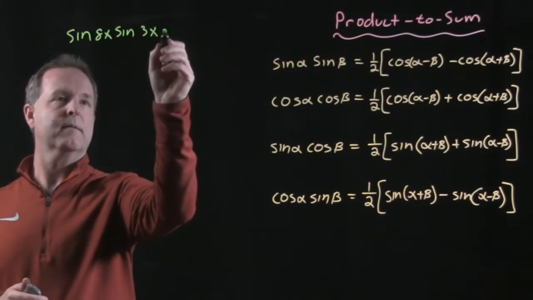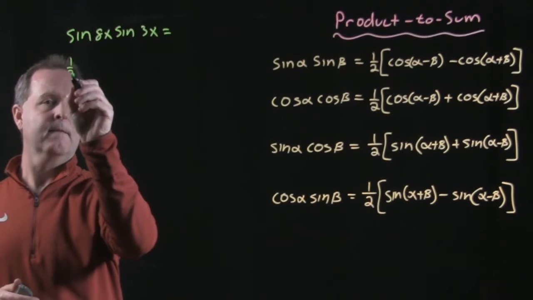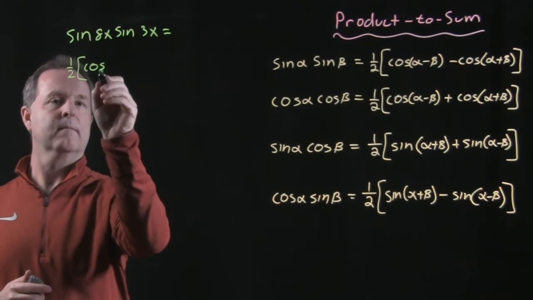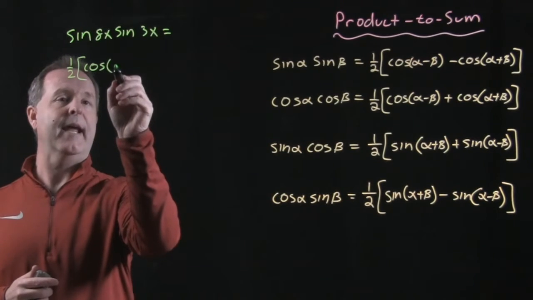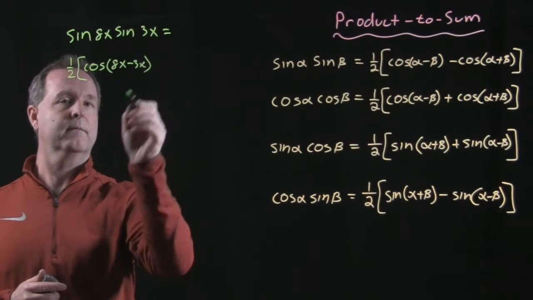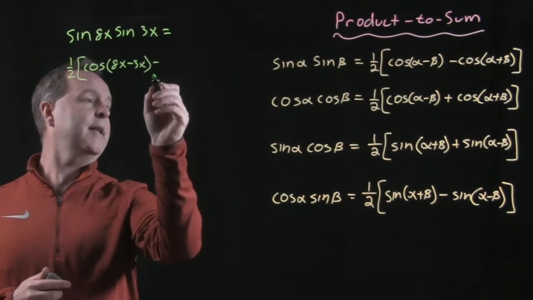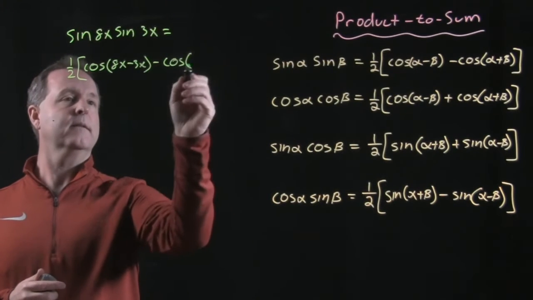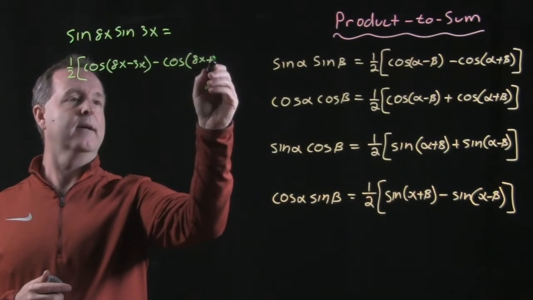So this becomes 1/2 the cosine of alpha, which is an 8x, minus my beta, which is a 3x, minus the cosine of my alpha plus my beta.